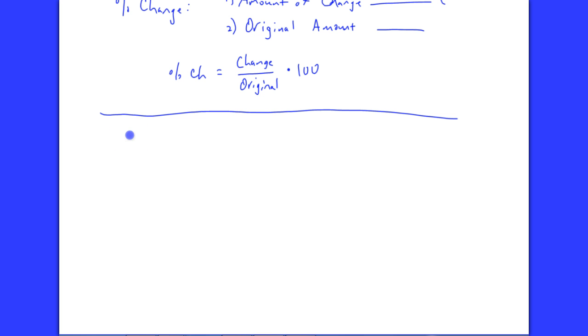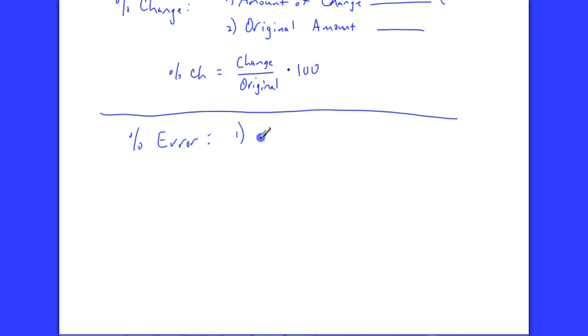Now, the other thing in this chapter, very similar to that, is how to find the percent of an error. So again, this is how much mistake did you make, maybe in a guesstimate of something. Let's say that you're guessing the number of gumballs in a big giant jar, and you miss it by, say, 10 gumballs.